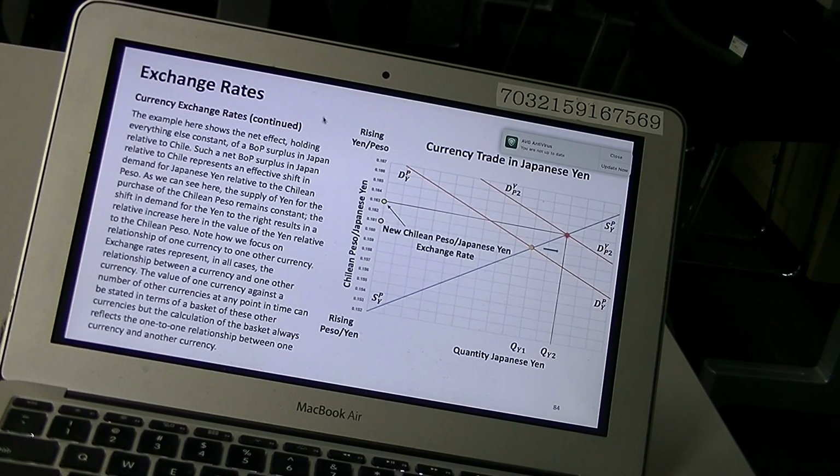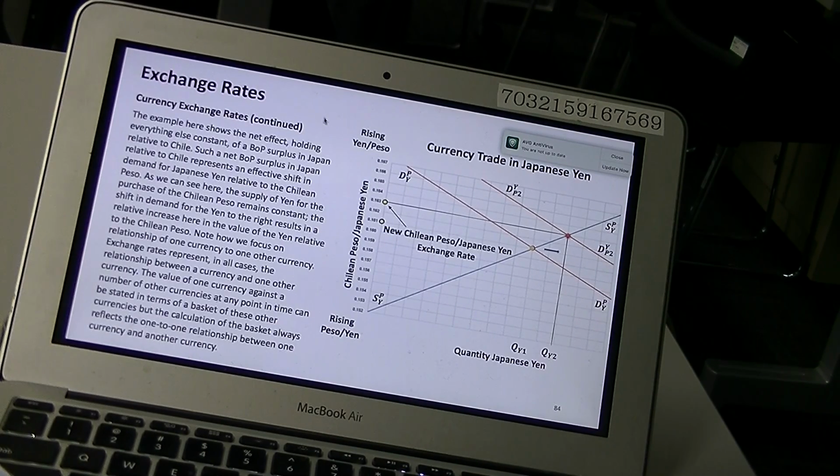We've talked about the balance of payments. That has an impact on a currency's value. If there's a balance of payments surplus in Japan relative to Chile, that means that capital is going abroad.